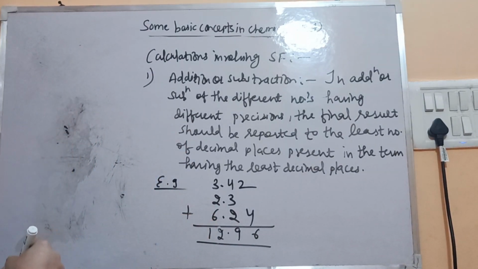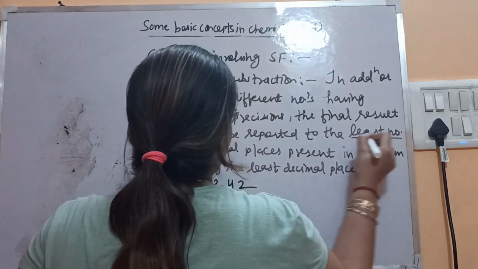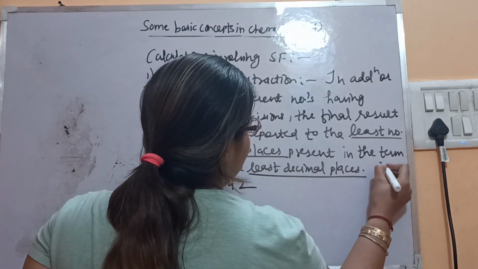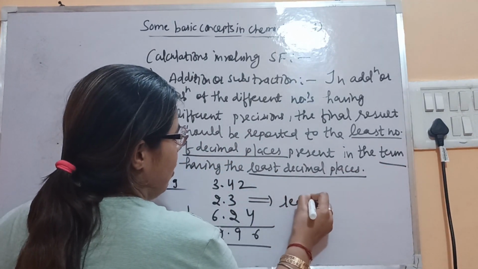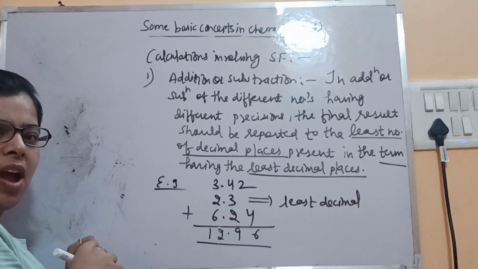Now, how will we report the result? This is not our correct answer. Our result has to be reported to the least number of decimal places present in the terms. The term having the least decimals has 1 decimal place, so up to 1 decimal digit we have to report our result.